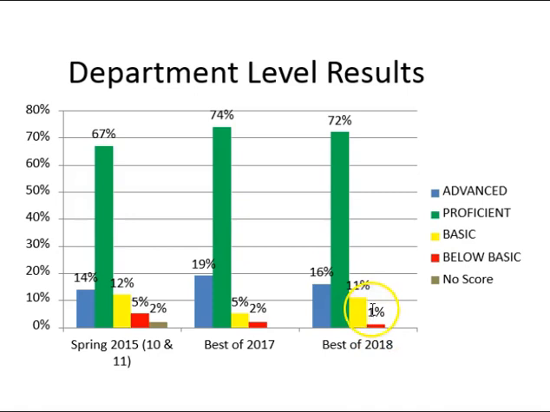But when you look at the year prior, we actually decreased the number of advanced students, and we've increased the number of basic. So we got the teachers to look at that and say, hey, what's going on? This was just our 10th graders in these two. This was just looking at everybody who tested. And you can see this was in 2015.